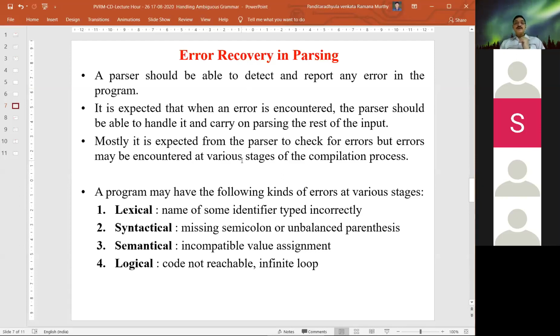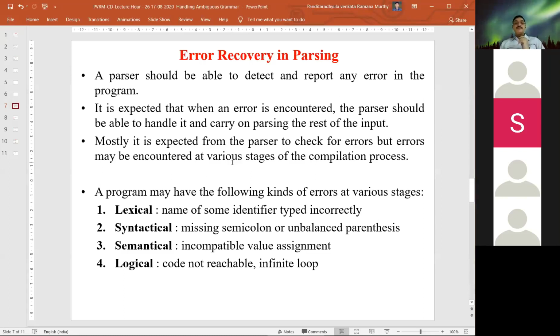If any error is identified, it has to report it, and it has to continue compiling the rest of the statements. It should not stop. It should give the error message, and also carry on with the rest of the statements till the end of the program. Then only we can get all the errors at once.